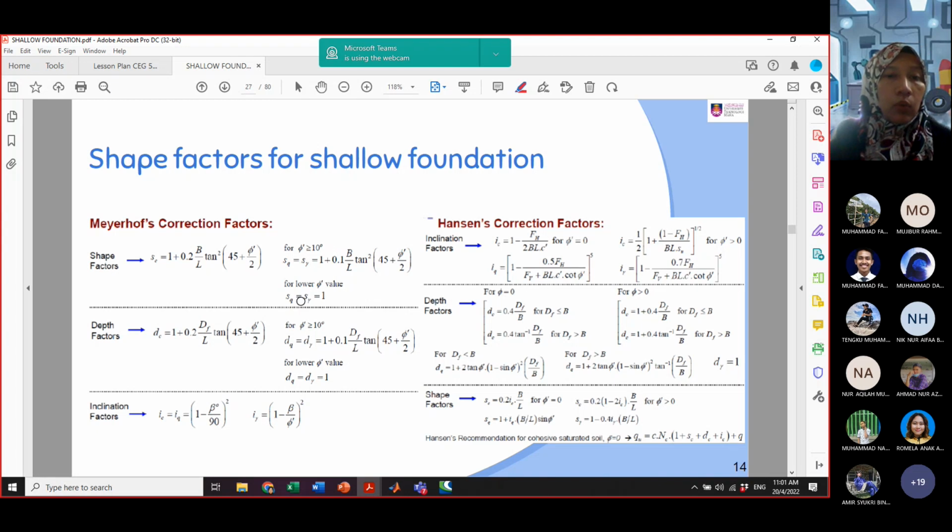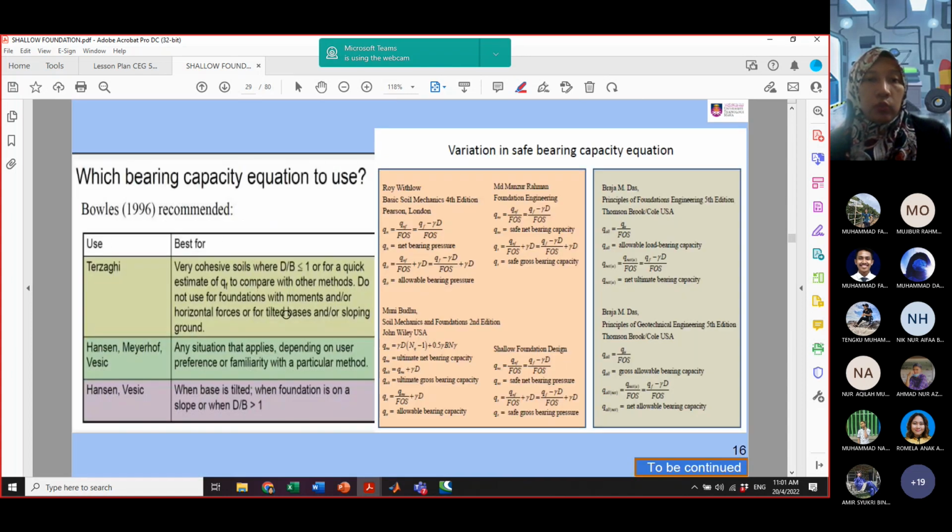Kemudian kalau lower than phi tu value, kita nak ambil Sq, S gamma berapa. And then kalau Hansen ni dia lebih kepada Hansen pun sama juga, dia ada inclination factors, dia ada depth factors, and then dia ada juga shape factors. So look at to that particular information given to you, which one yang you nak kena follow untuk buat calculations.